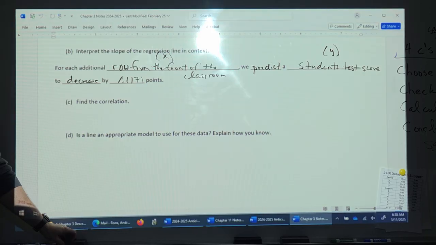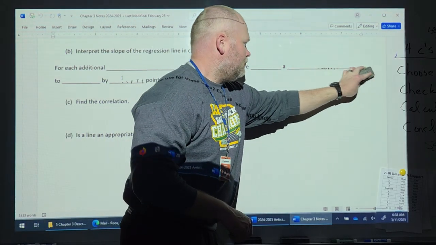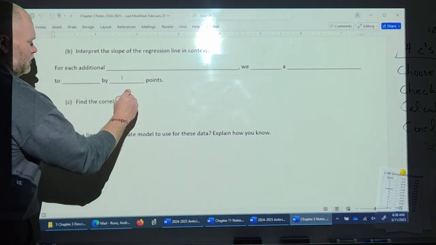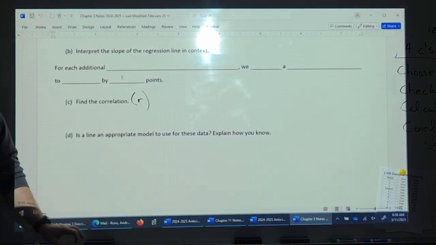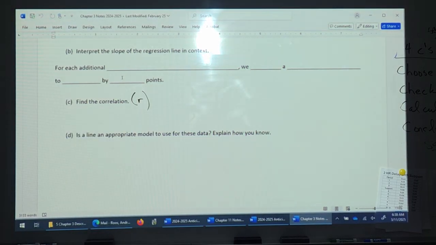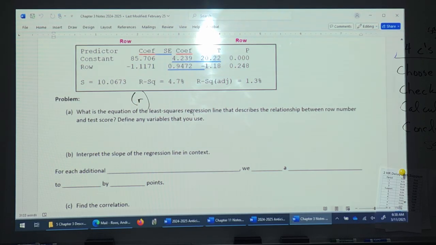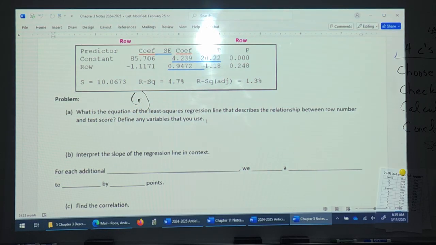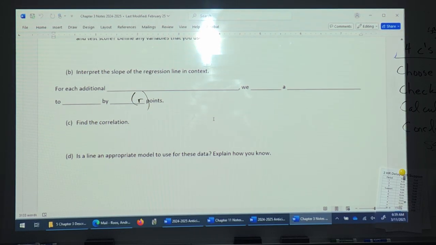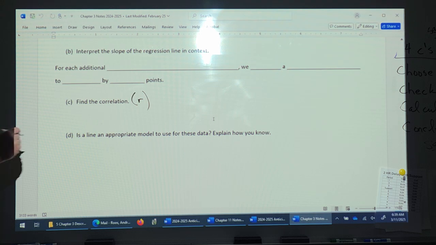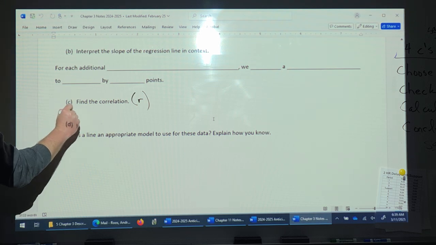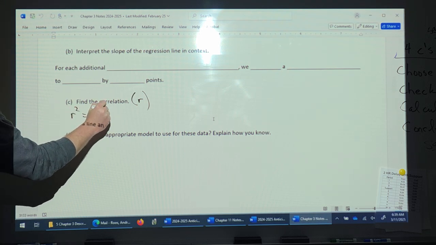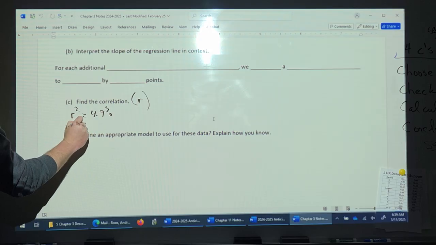All right, part C, find the correlation. So the correlation is the R value. From this Minitab output, we are given the R squared value as 4.7%.